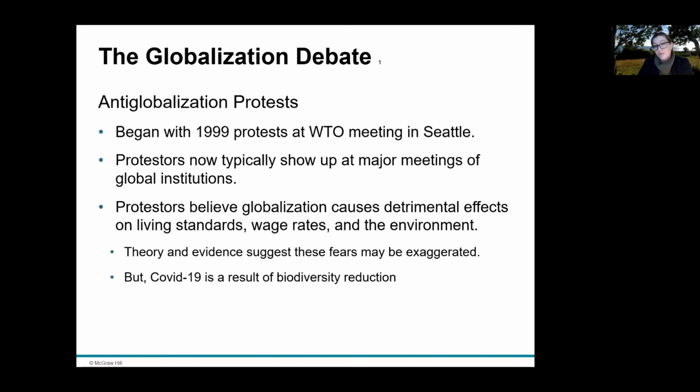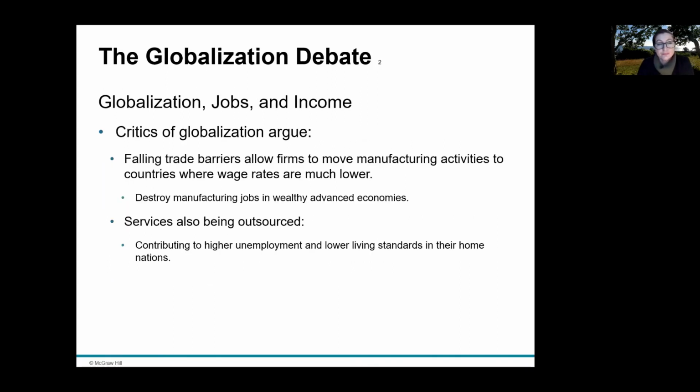And while some theory and evidence may suggest that these fears are exaggerated or unwarranted, scientific research has shown that the COVID-19 global pandemic that we currently face is a result of the reduced biodiversity. In other words, the neglect of the environment.